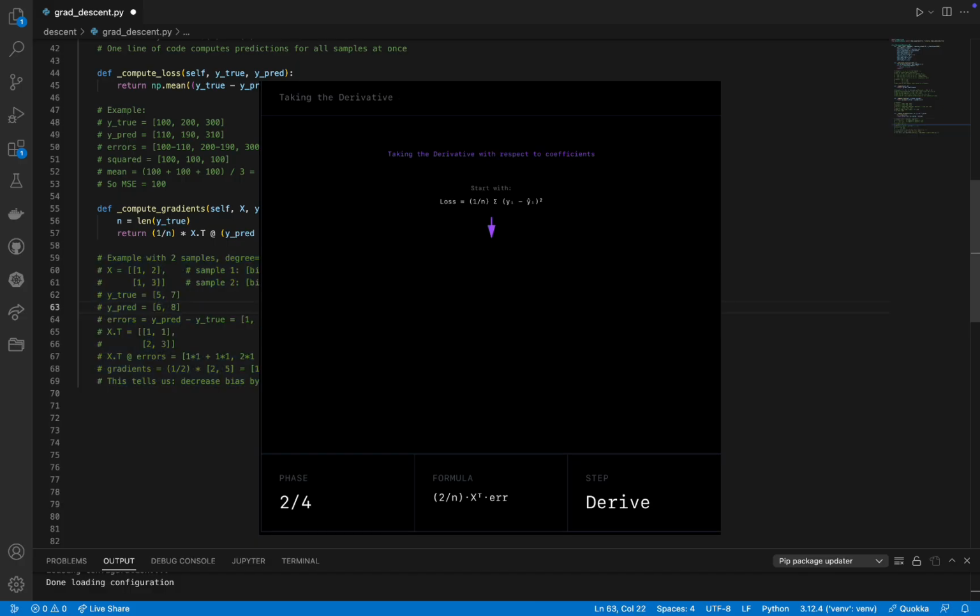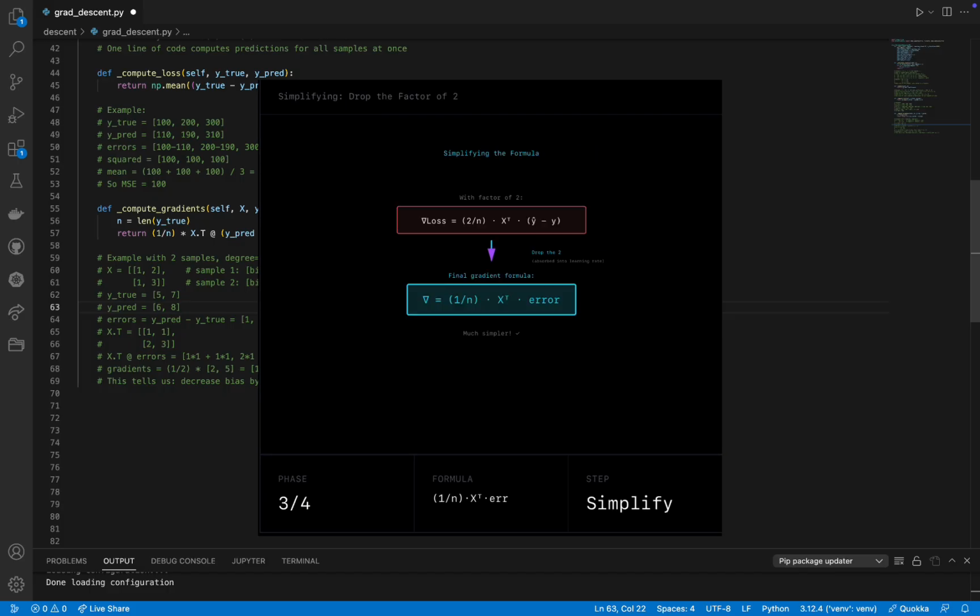When we take the derivative of the loss with respect to our coefficients, using calculus we get 2 over n times x transpose times the difference between prediction and true values. In practice, we drop that factor of 2 because it just gets absorbed into the learning rate anyway. So we end up with our formula 1 over n times x transpose times the error.